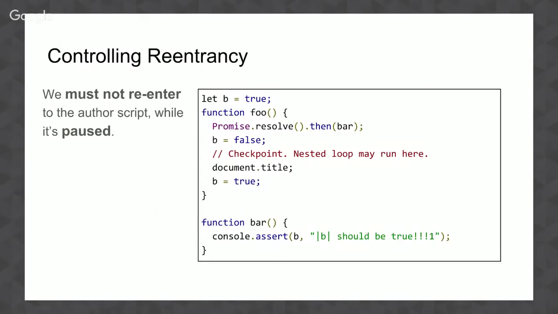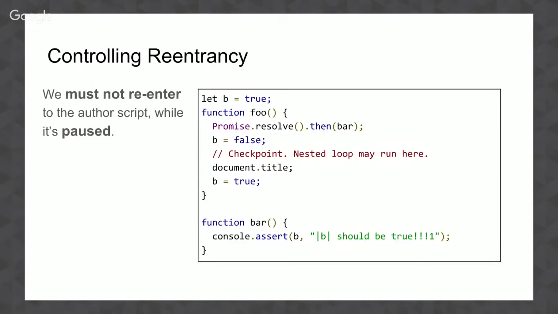Here is an example of the semantics breakage in JS tasks. In this example, the assertion in bar should never hit, since B is always true outside of foo.